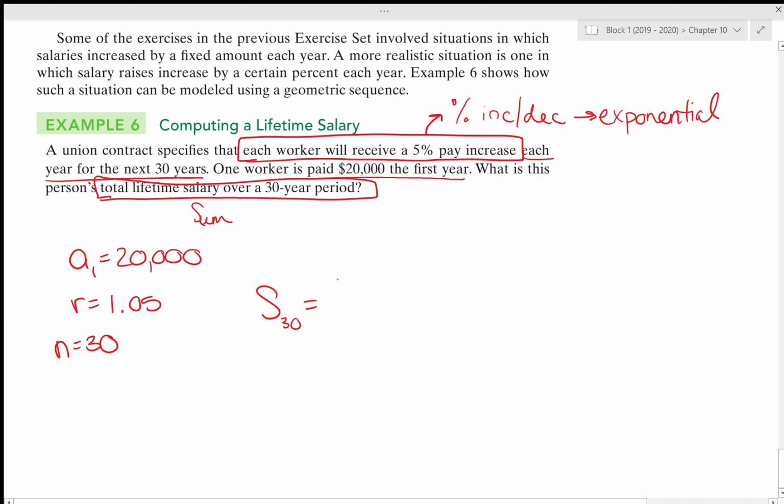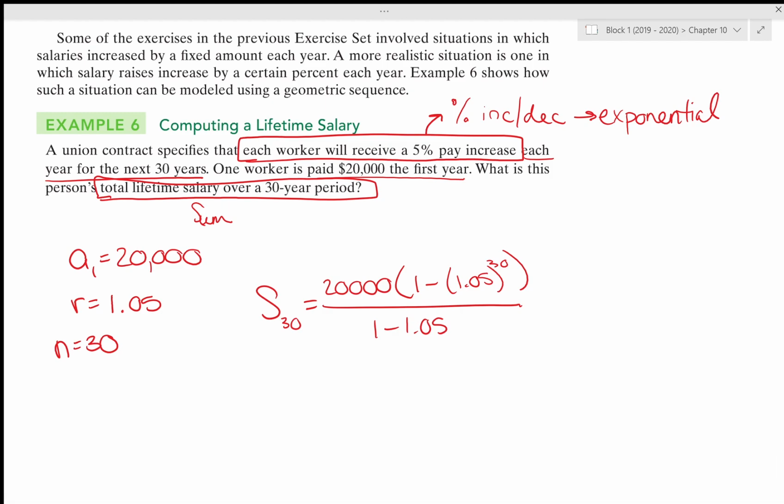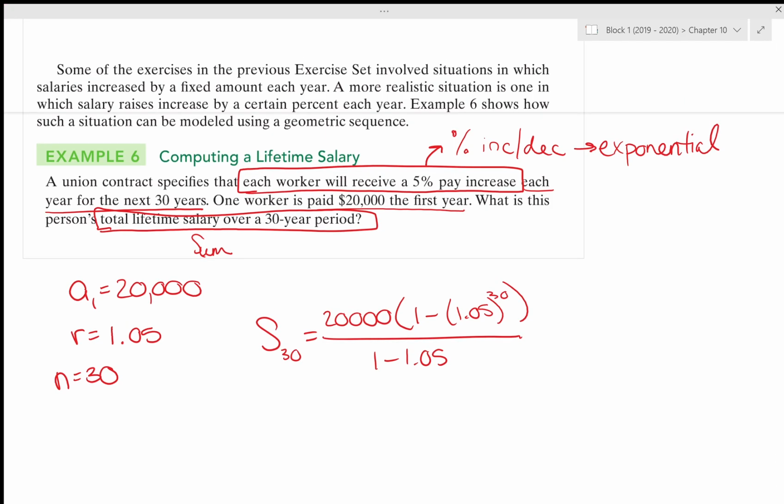So we're going to take our first term, 20,000, times 1 minus our rate 1.05 to the 30th power, all over 1 minus 1.05. Now, if you're going to do this all in your calculator in one shot, please make sure you have parentheses where needed.